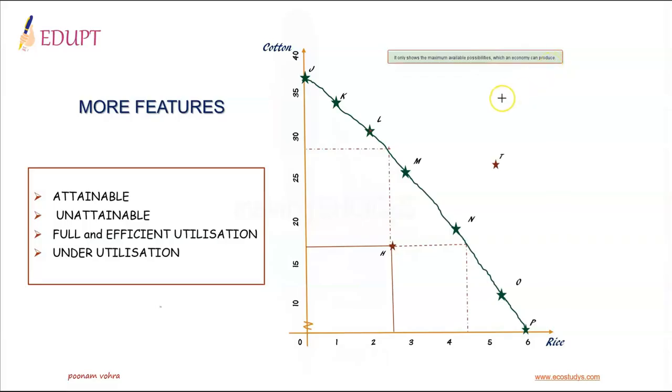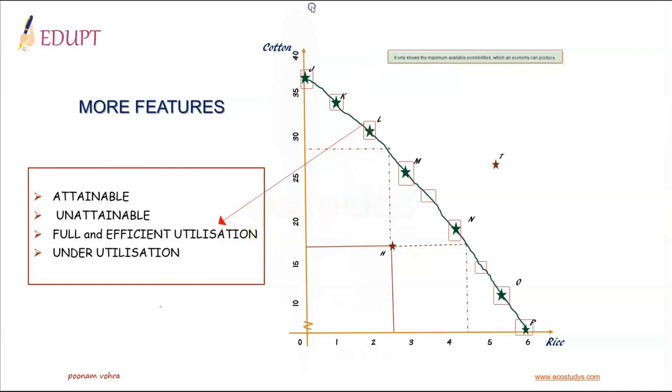The exact point of operation depends on how well the resources of the economy are used. The economy will operate on the production possibility curve, whether at point J, K, L, M, N, O, P or any other point, only when resources are fully and efficiently utilized.